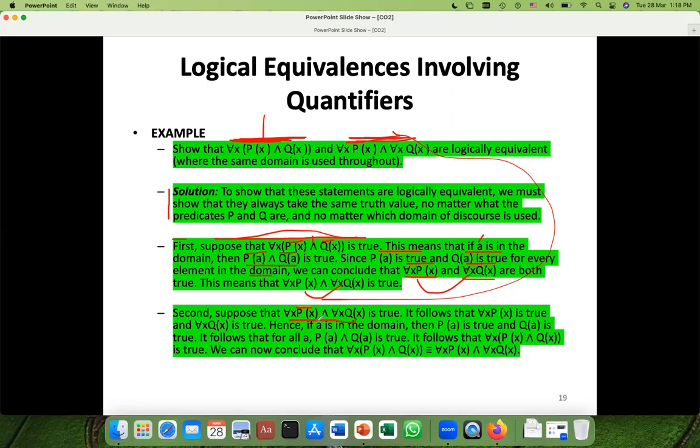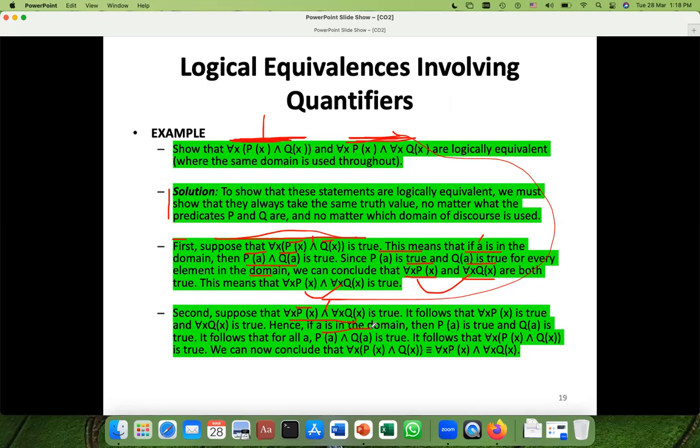How will this whole equation be true? Because you have supposed that this is true. But now discuss it logically. If both parts will be true, only then due to that conjunction, you will get this whole true. So now what is the method? You can say, okay, for any value of the domain, maybe you are taking A, and then you can say that this P of A would be true, this Q of A would be true. Then you can use the conjunction between them, that this would be true for any value.